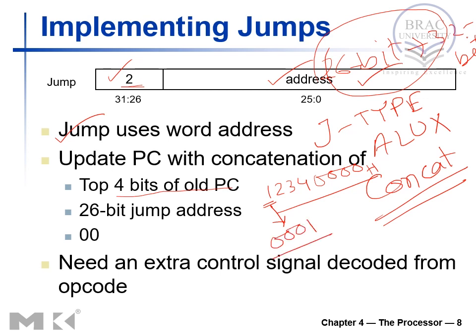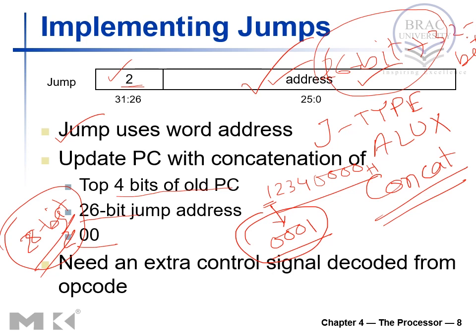This is the MSB 4 bits. Now the 26 bits we are getting from this field, and then for word alignment we need to left shift it by 2. So this 26 bits and 2-bit left shifting gives us 28 bits. So we are left with 4 more bits. These are the 4 bits that we will concatenate with these 28 bits, and that would give us our desired 32-bit memory address in case of jump instruction execution.